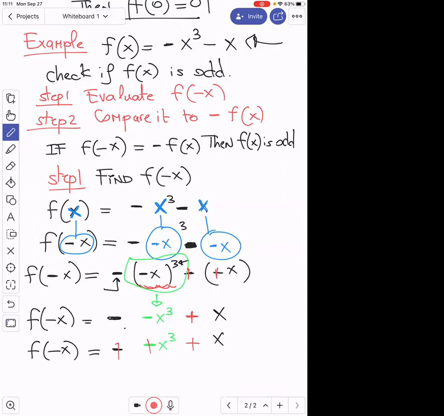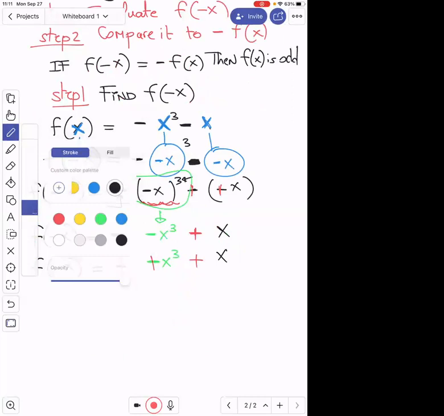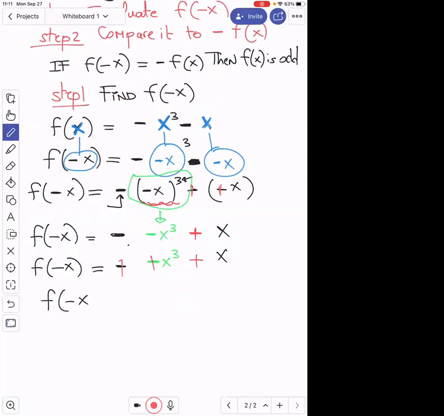Okay, so this f of minus x turns out to be just x cubed plus x.